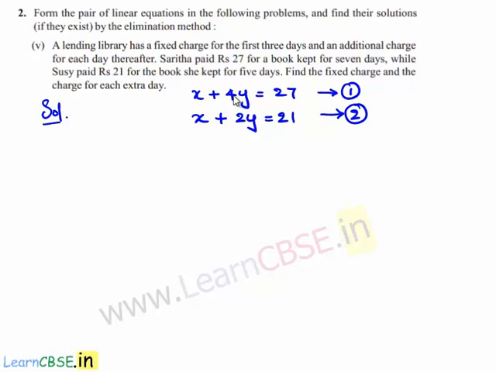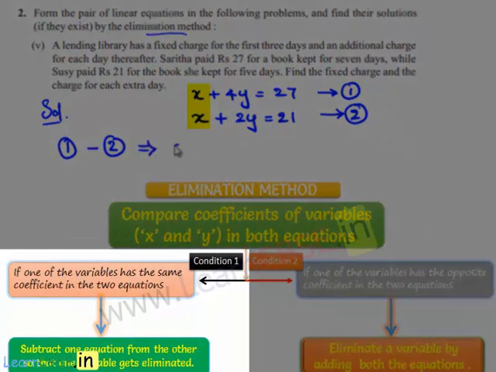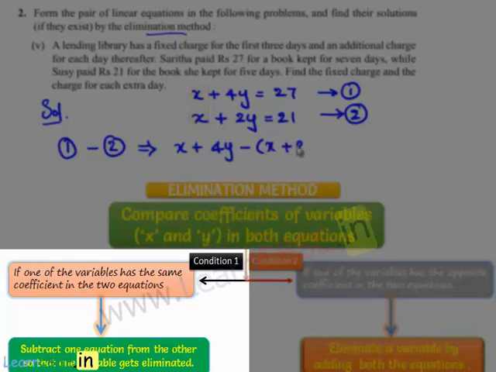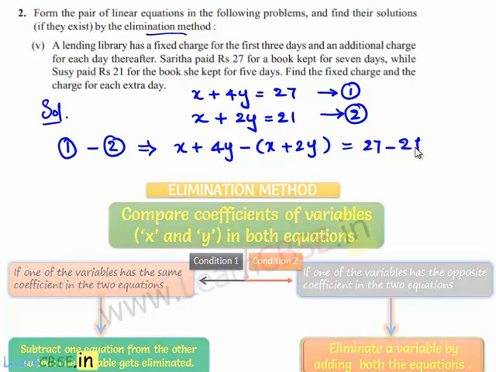We are required to find the values of x and y by solving this pair of linear equations by elimination method. So equation 1 minus 2 implies x plus 4y minus of x plus 2y is equal to 27 minus 21.